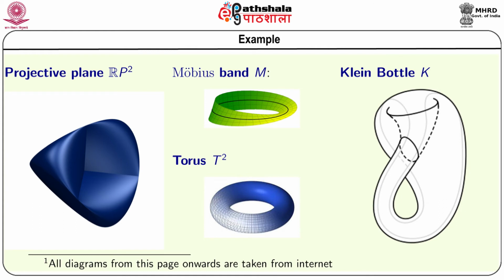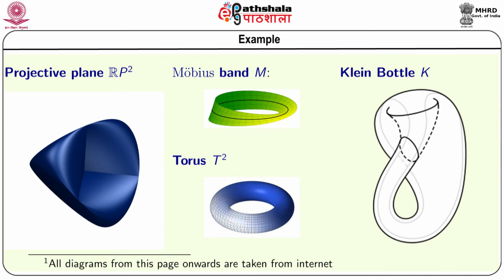Now, we recapitulate a few figures which are very well known topological objects. The first one is the real projective plane. The second one is a Mobius band. Third is a torus, and the last one is a Klein bottle.